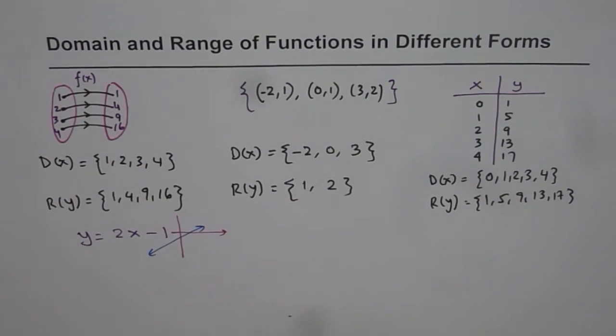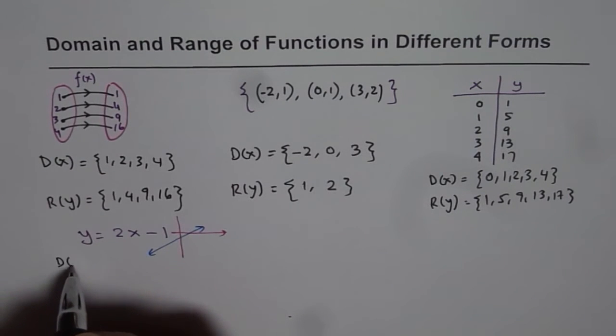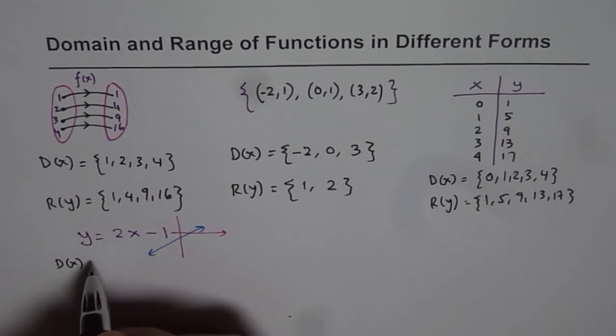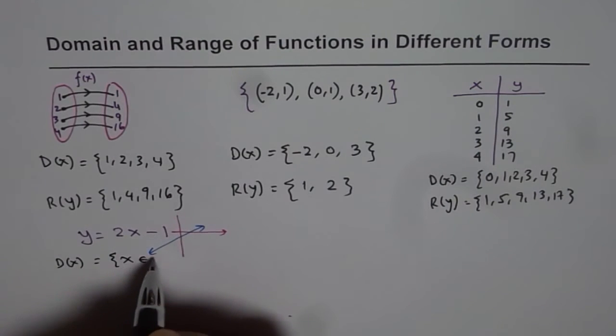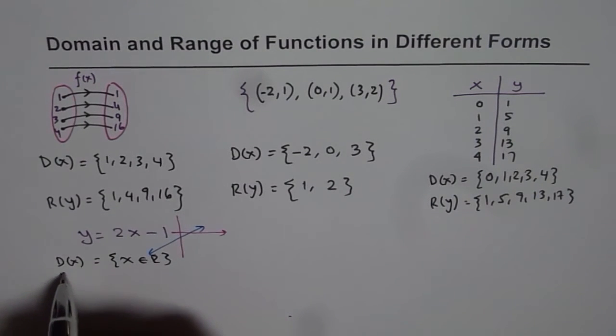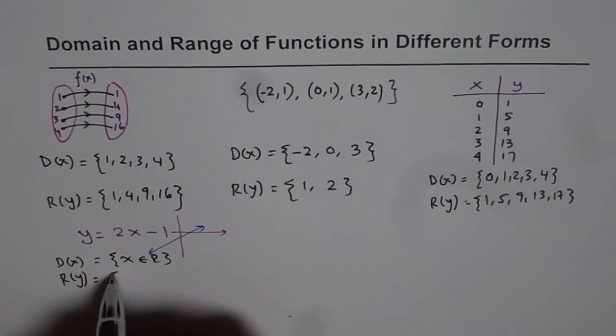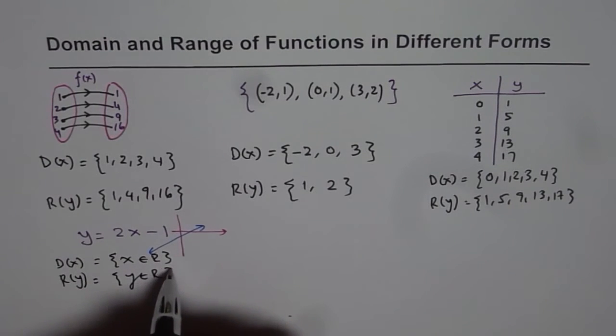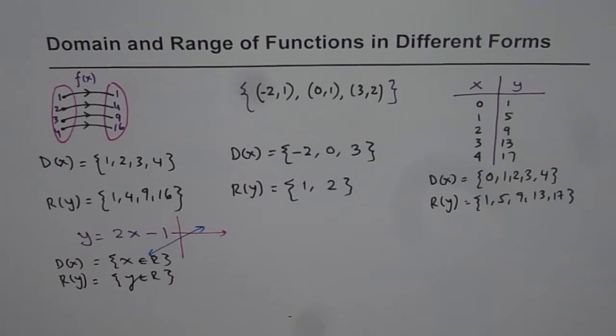So that is the line which we are talking about. Now how will you write domain and range for this function? Well, domain for a straight line has no restriction, will be x belongs to real numbers, and range y will also be y belongs to real numbers. So it has no restrictions at all. That is how we can represent domain and range for a function given in this form.